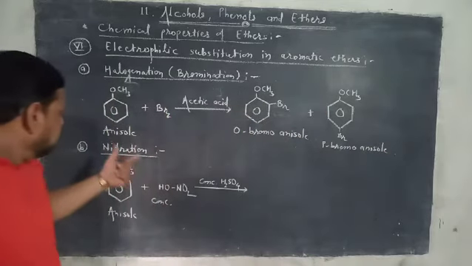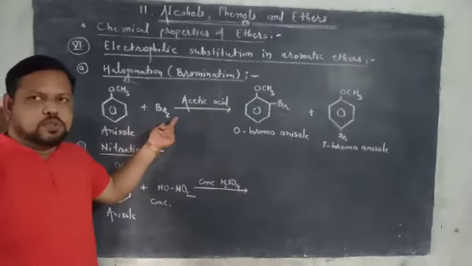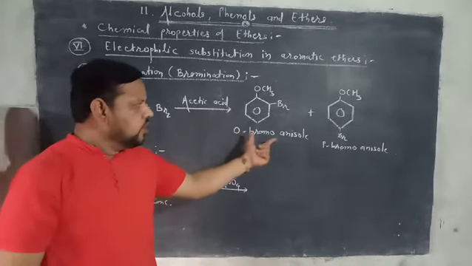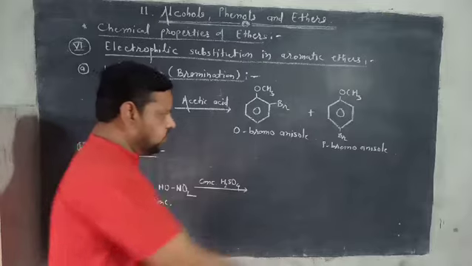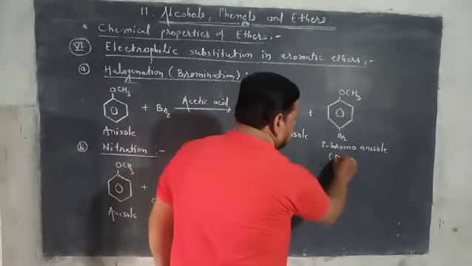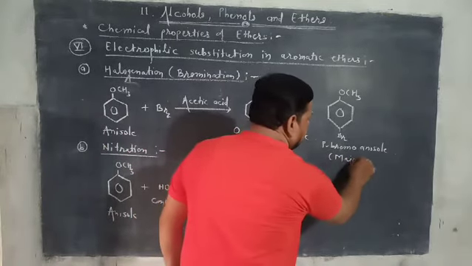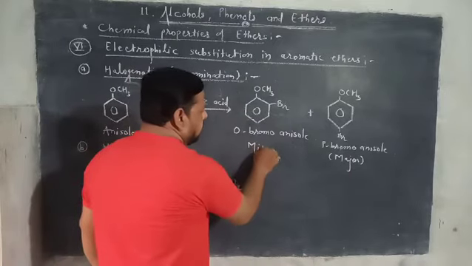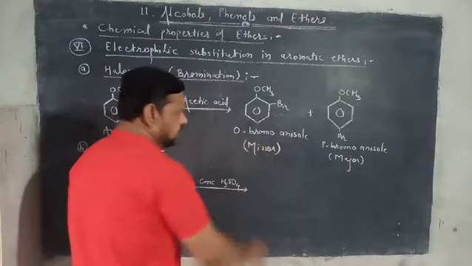Okay, this anisole reacts with bromine in acetic acid, then it gives the ortho-bromo anisole and para-bromo anisole. This para-bromo anisole is the major product, and ortho-bromo anisole is the minor product.